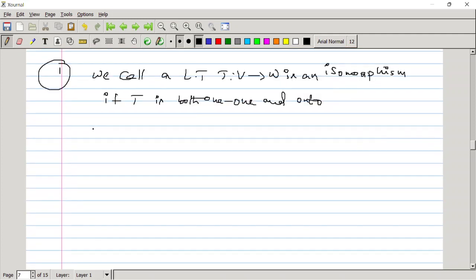The first option is T from R cube to R cube given by T of x comma y comma z equal to the matrix 0 1 1, minus 1 0 minus 1, 1 1 3.